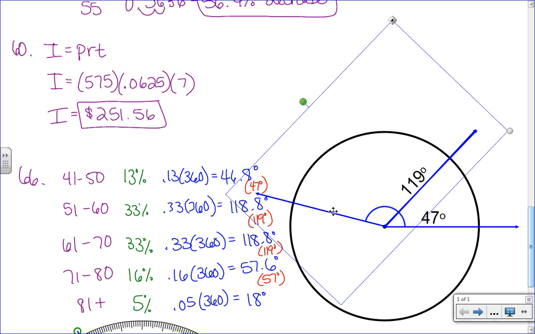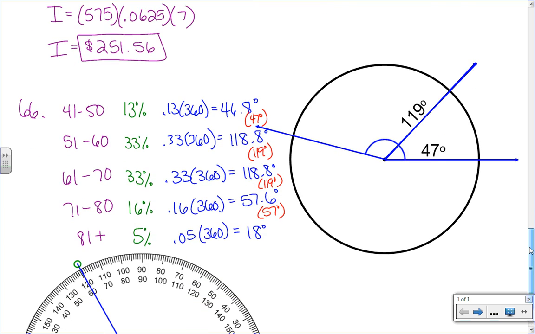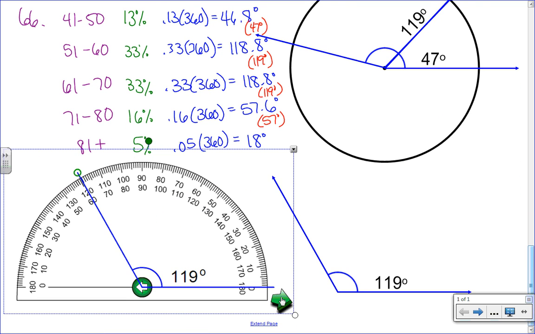Okay, that's pretty close. Okay, and then the second one is also, or the third one is also 119 degrees.